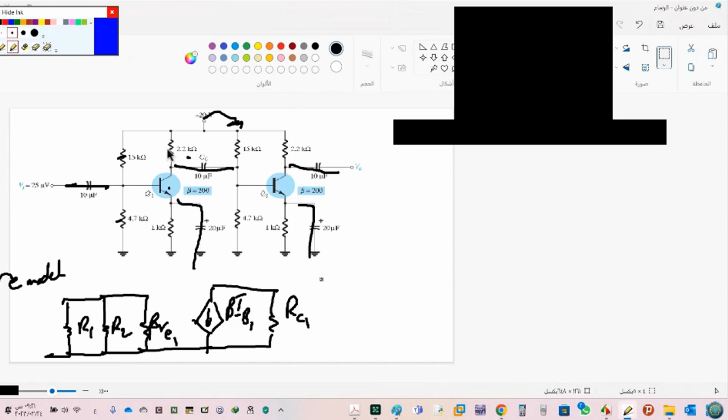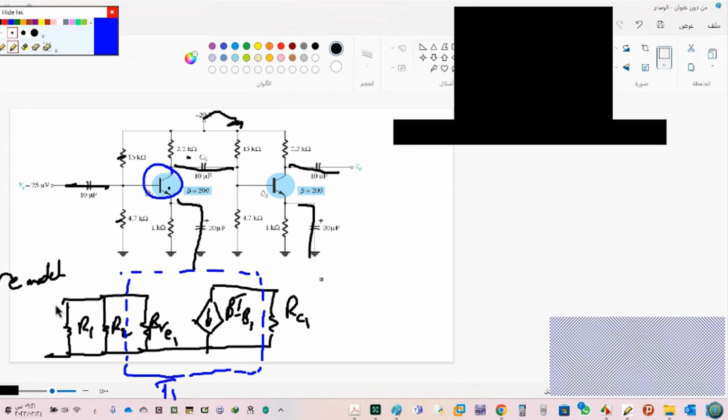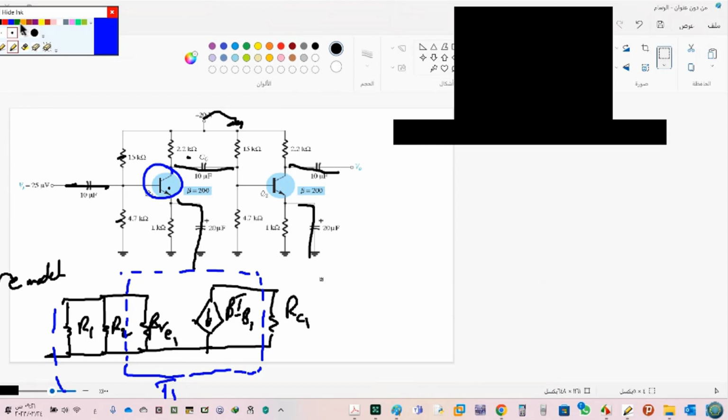So this is for a transistor, T1. Clear until now? And this is from here to here. This is stage 1. Now, continue.